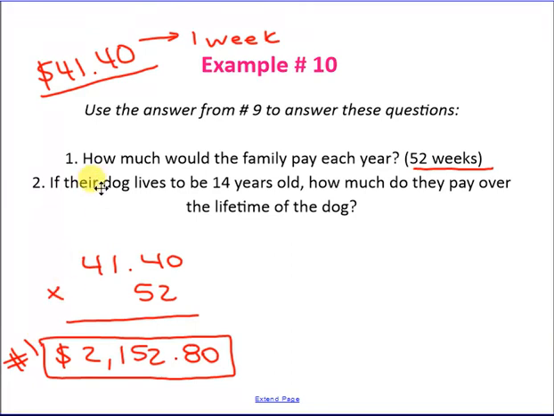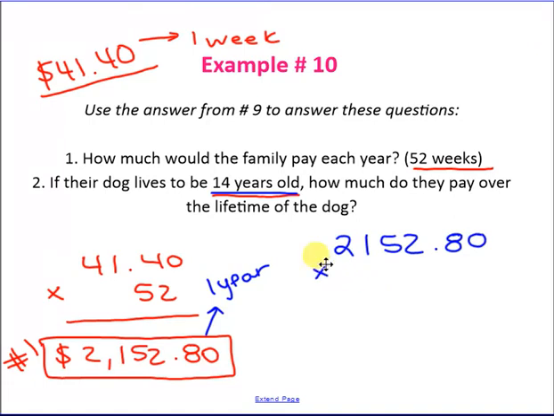Number 2 says, if their dog lived to be 14 years old, how much would they pay over the lifetime of the dog? So this is what they paid for 1 year. Now they want to know if the dog lived to be 14 years old, how much did they pay then over the dog's whole life? So $2,152.80 times 14.